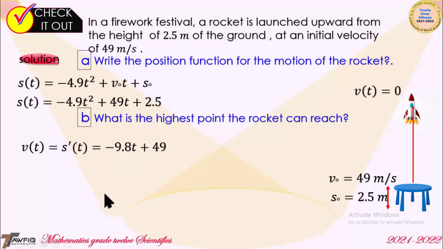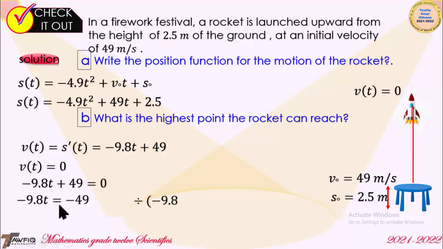And now, because at the highest point the velocity is 0, therefore minus 9.8 t plus 49 is equal to 0. Take 49 from left to the right, it becomes minus 49.